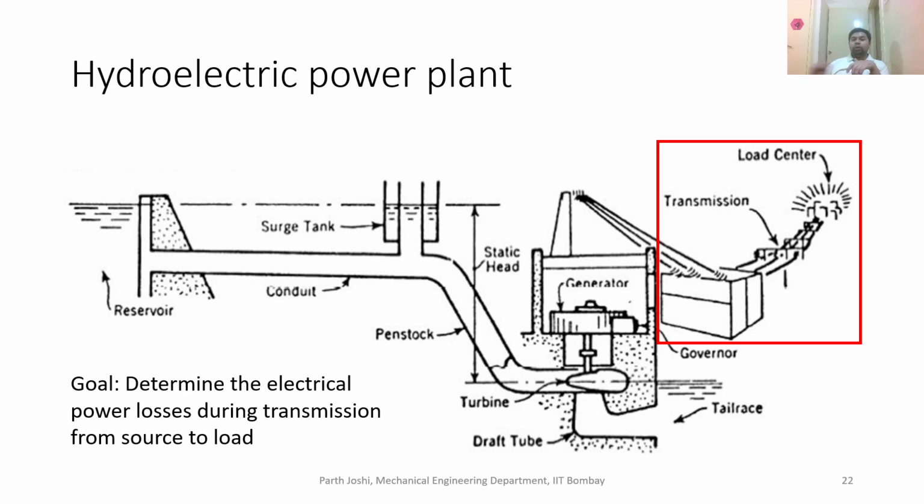Because of the current flowing through a conductor, there will always be some electrical resistance for any given conductor, no matter what, unless it's a superconductor. There will always be some losses because of the current flowing through any conductor which has some non-zero electrical resistance. So if you want to study those, we will be selecting our boundary like this.